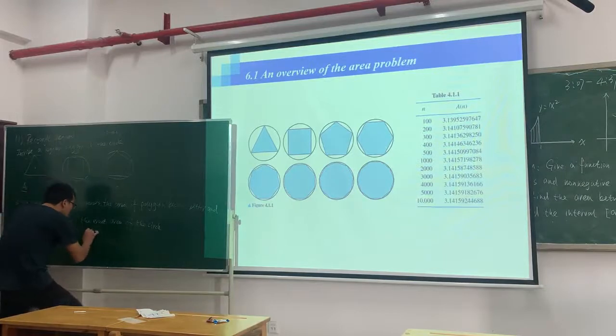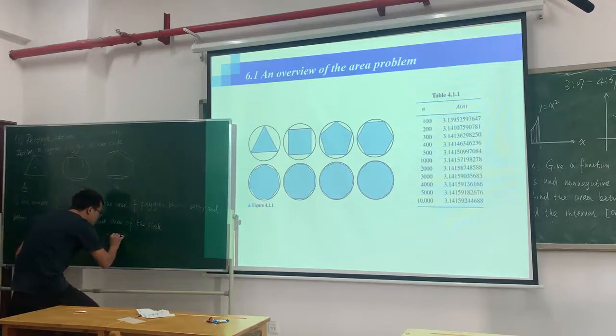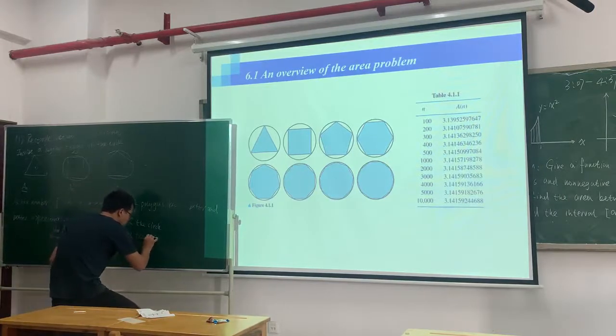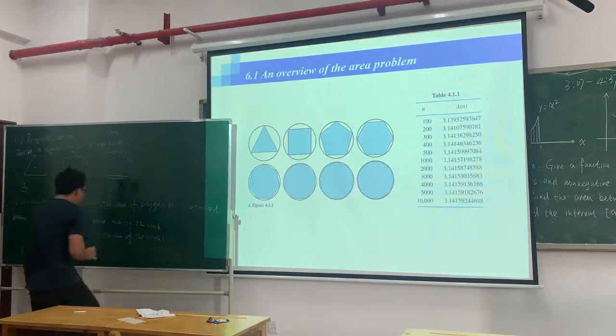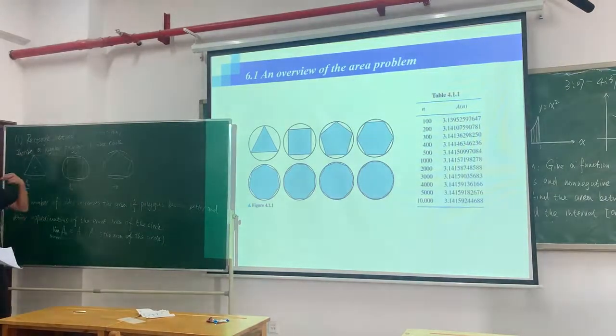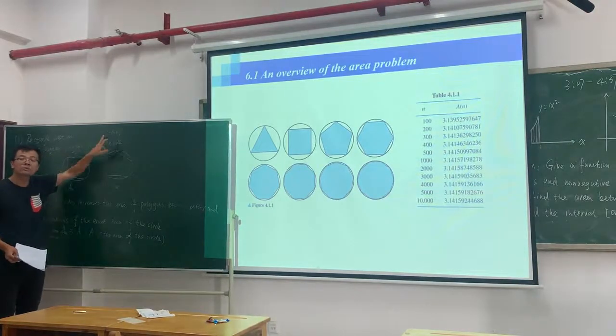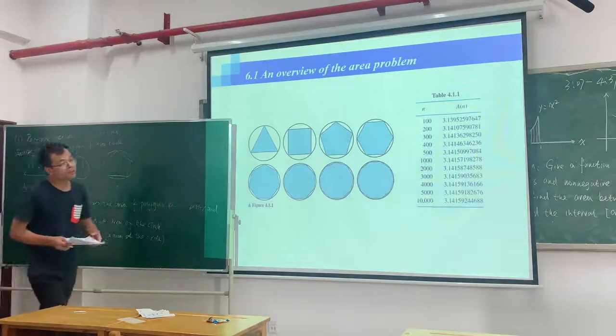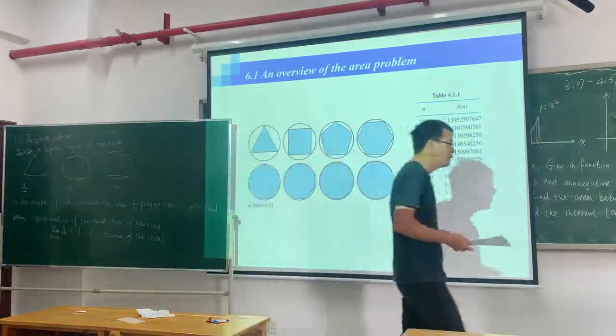A is the area of the circle. A_n is the area of the circle. So this is the exhaustion idea. So this is the idea.